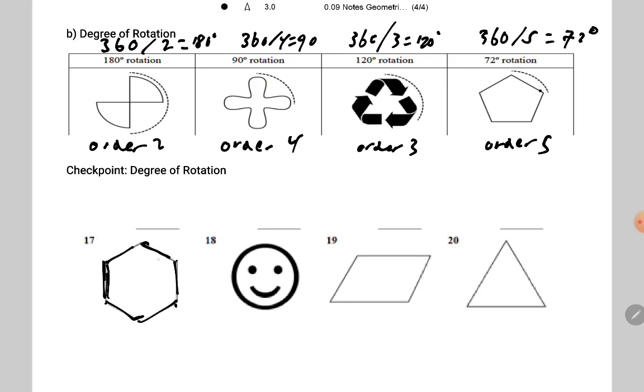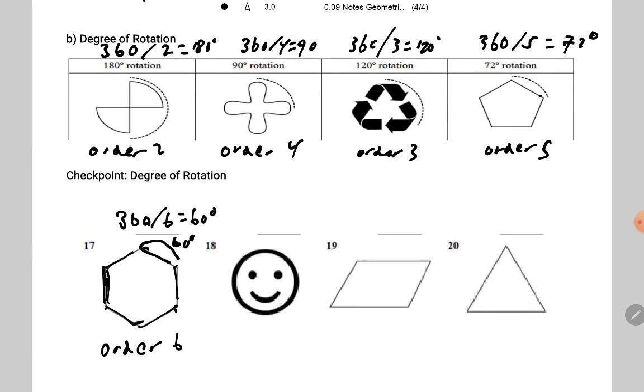That means I can rotate this around 6 times before reaching a full circle, and it'll look exactly the same during these 6 positions. So I'll take 360 divided by 6, and that'll give me 60 degrees. So from here to here is a 60 degree turn.